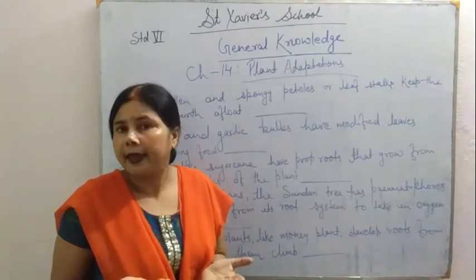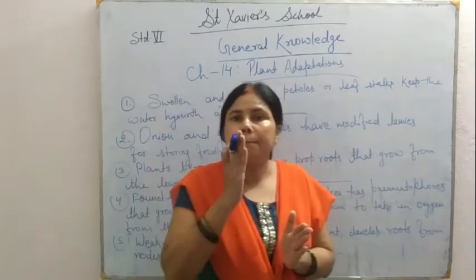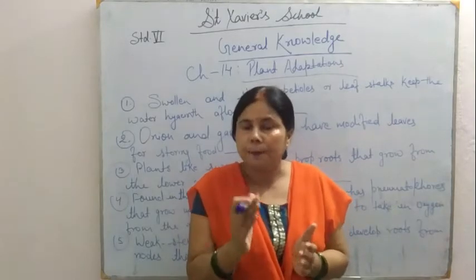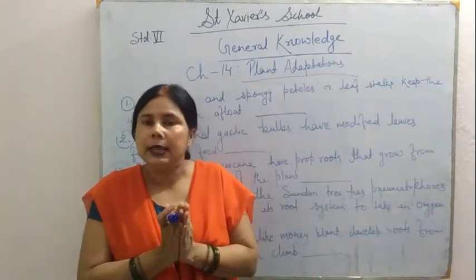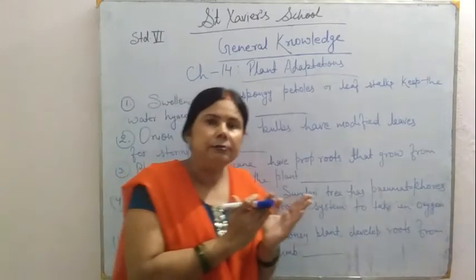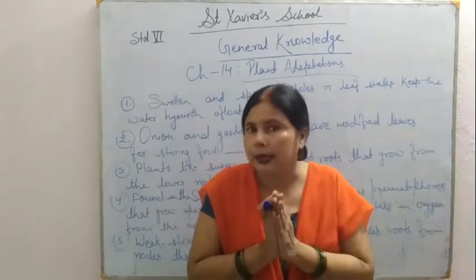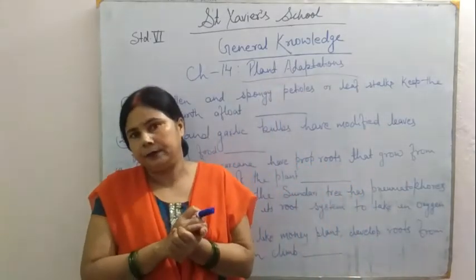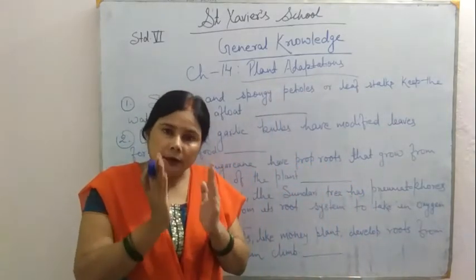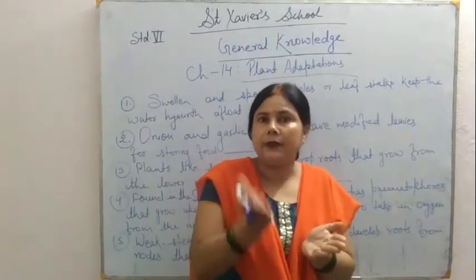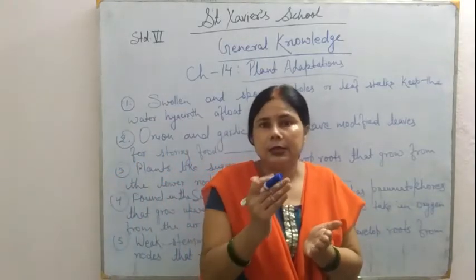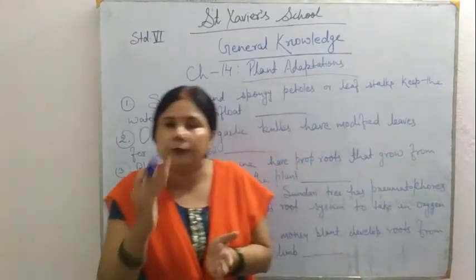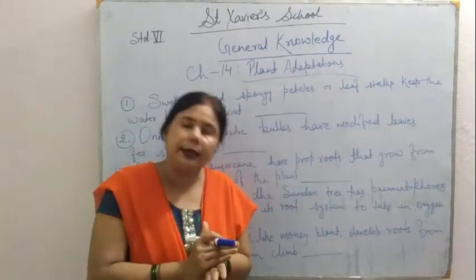Adaptation is the biological mechanism by which plants and animals adjust themselves to a particular environment or to changes in their current environment. Actually, plants and organisms develop certain features, some special characteristics which enable them to survive in a particular environment.